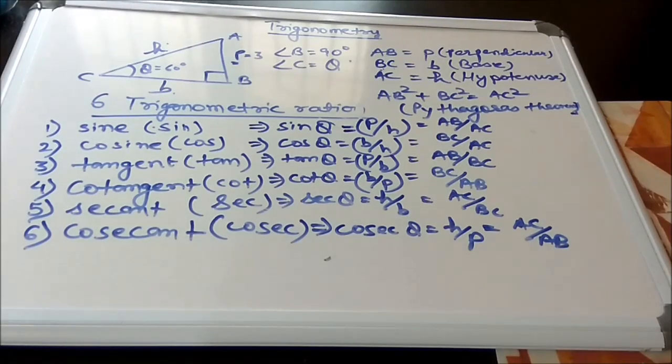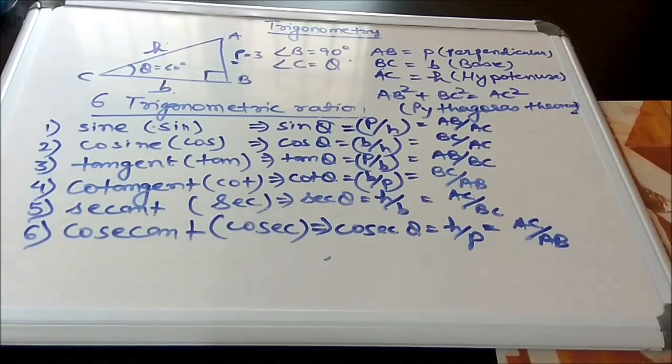The rest, all other things that we are going to study in this chapter, we can derive from these six trigonometric ratios. So get these six trigonometric ratios by heart. Wherever you feel the need to note down, you can pause the video and note it down. And after you have noted it down, you can play it again.